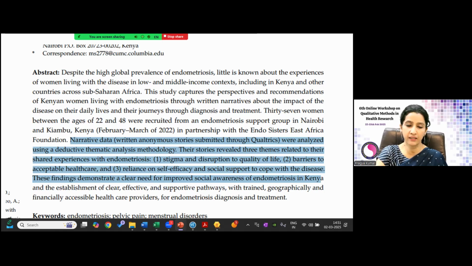Because if you see the methodology, they included all the women of 22 to 48 years who are suffering from endometriosis; they recruited them from the endometriosis support group in Nairobi, Kenya. Then they took the narrative data, but again, they used a deductive framework, a deductive thematic analysis, and the questions they asked were also not very inductive. So it may be a descriptive phenomenology. For me, it looks more like a descriptive phenomenology rather than a narrative or an interpretive phenomenology.